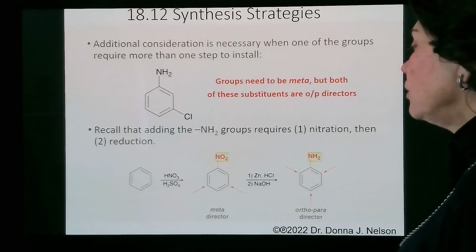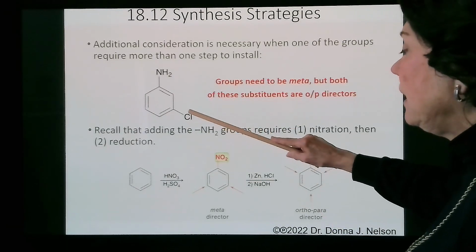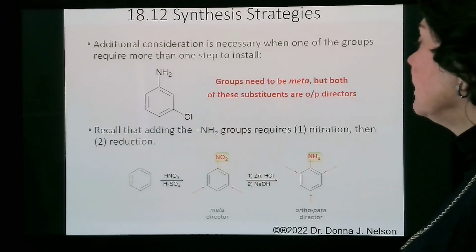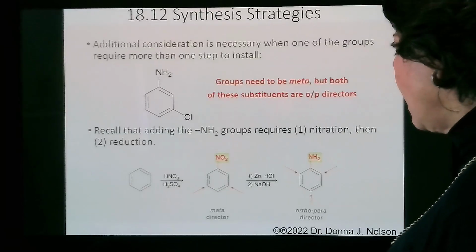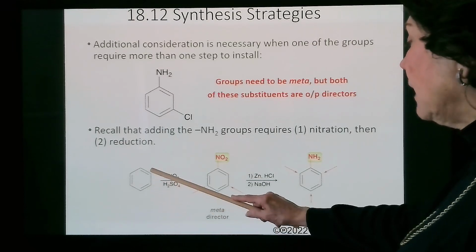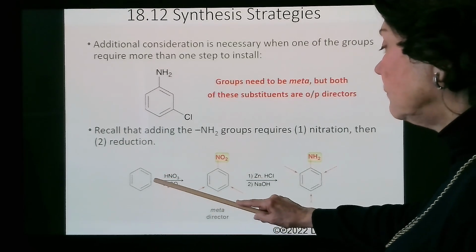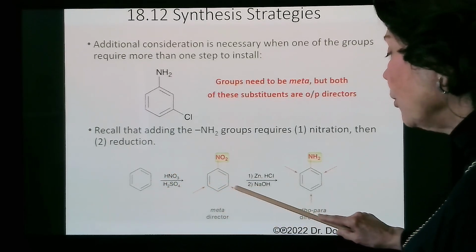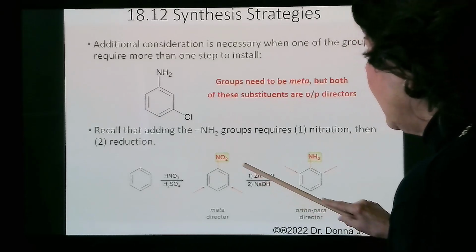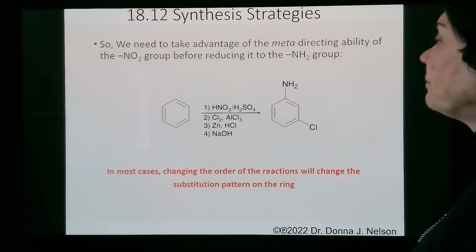Additional considerations. The groups need to be meta, but both are ortho-para-directing. And so you can put the nitro group on, have the new group come into the meta position, and then reduce the nitro group into the amino group that is needed.